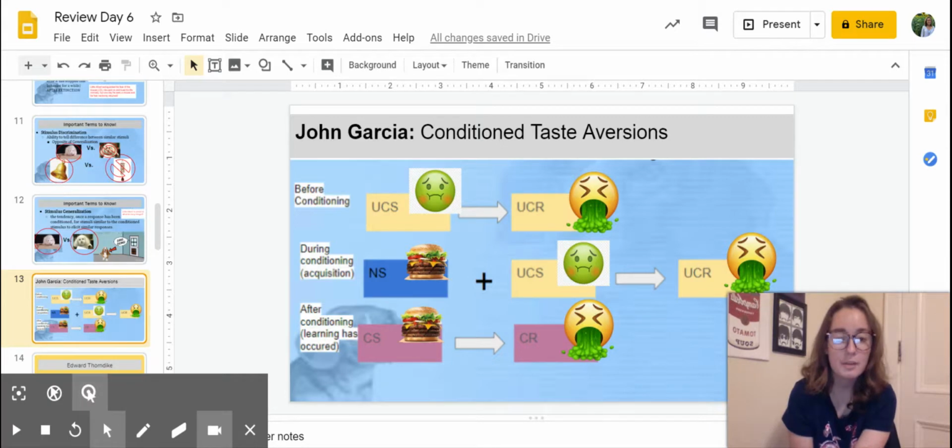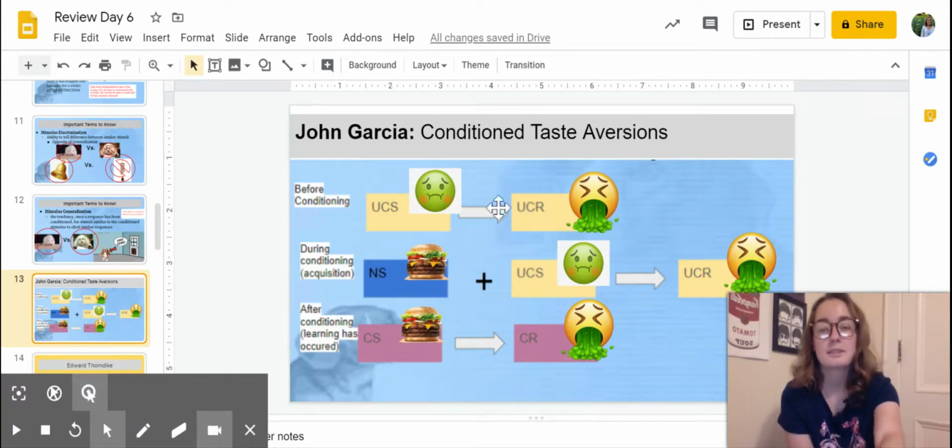My example is Burger King. I got super sick when I was a little kid in my friend's car and threw up everywhere and it was terrible. And I never ate at Burger King and had a Whopper ever again. And even just the sight of a Burger King bag, like bleh. So here's our example of conditioned taste aversions.